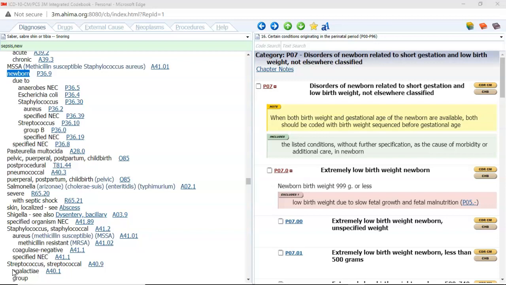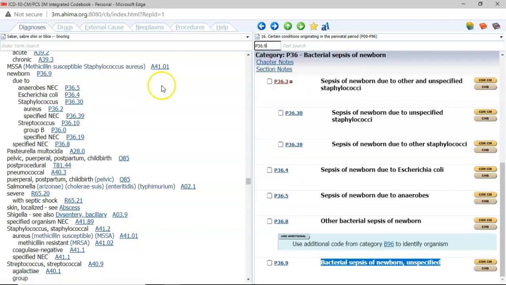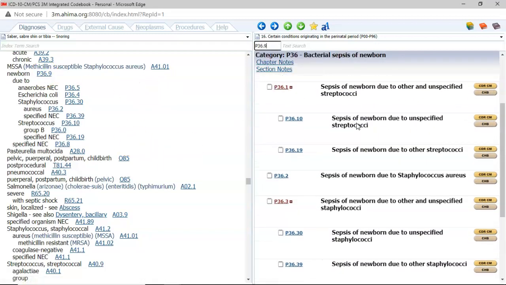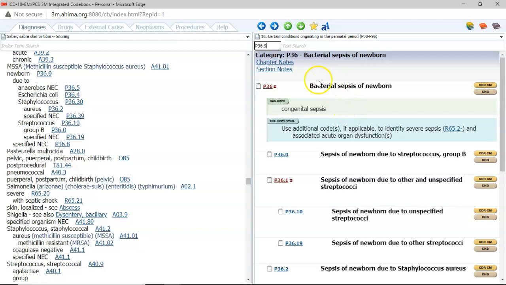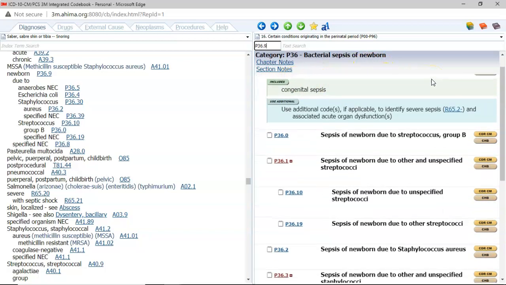There's also a specified NEC, so if the baby has an organism that is not included, you can use this P36.8. And if it actually is not specified as to what the bacteria is, you can use the code P36.9. But this is the category for bacterial sepsis of the newborn.